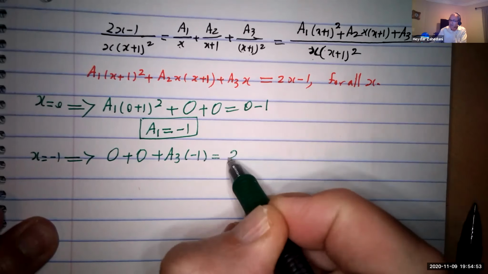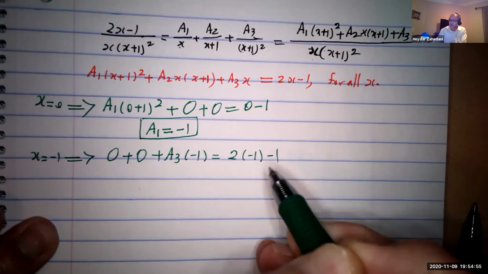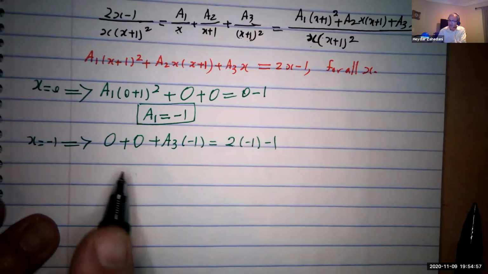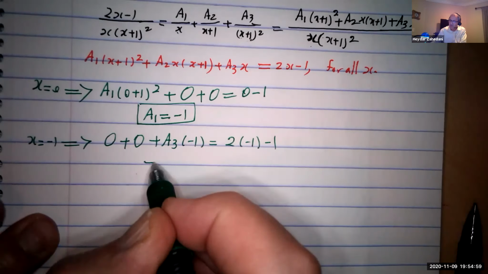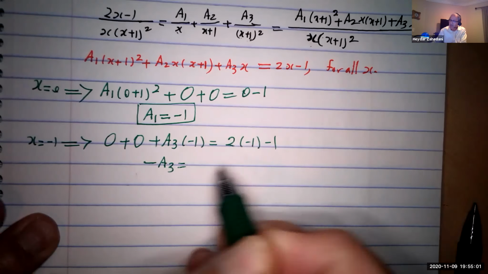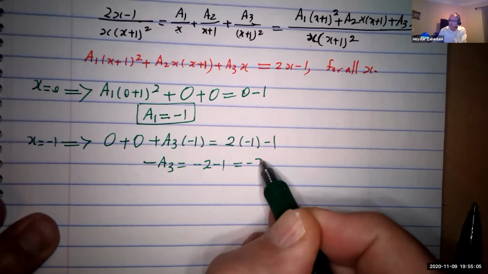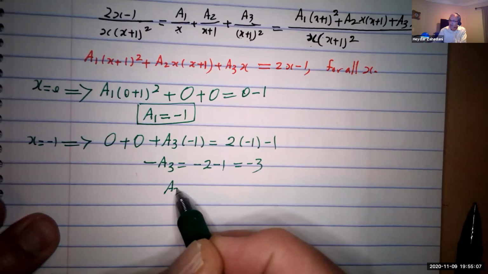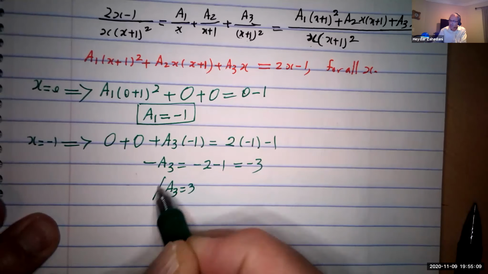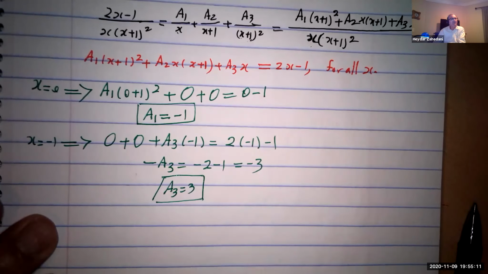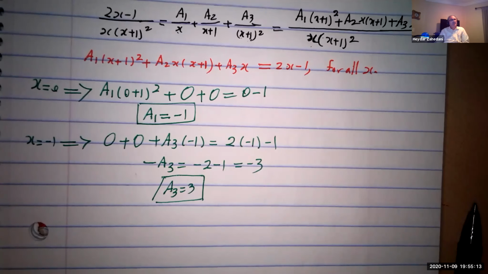The same on the other side, 2 times negative 1 minus 1. So these are out, so that gives negative a3. Negative a3 equals negative 2 minus 1, which is negative 3. So a3 would be 3. Any question?